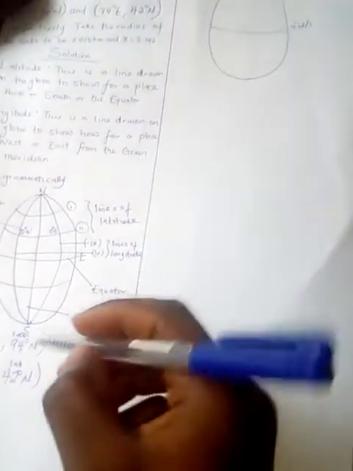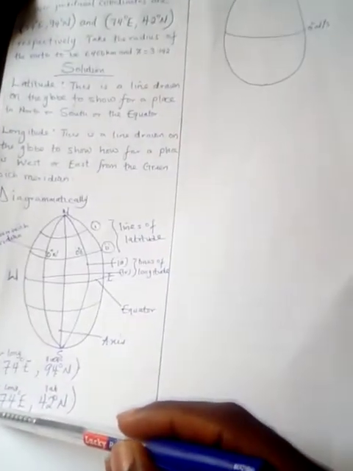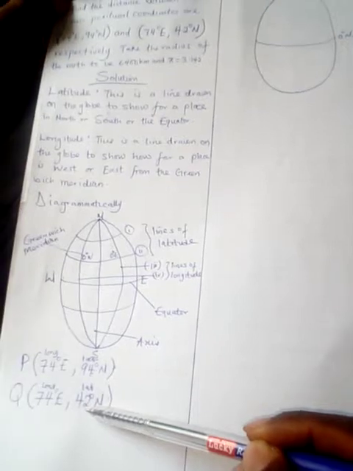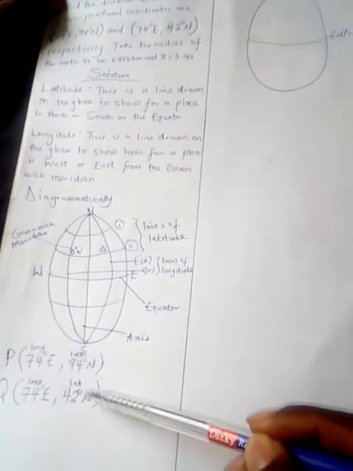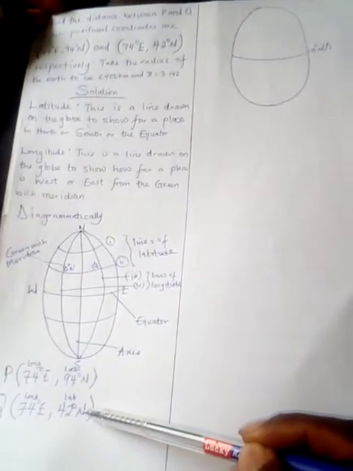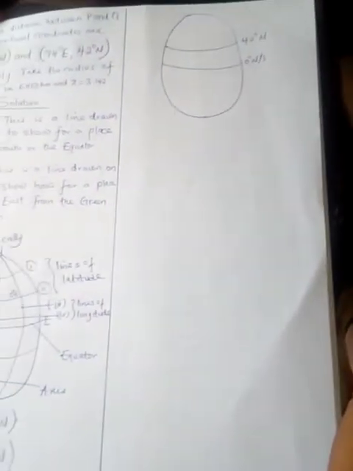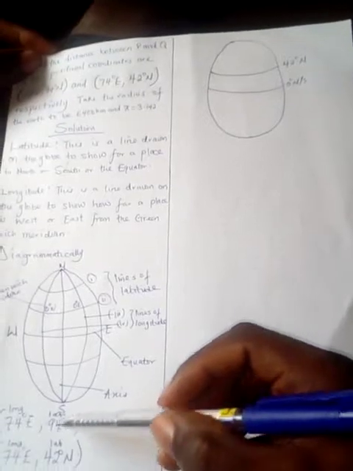For the point Q, the latitude is 42 degrees north, so I will need to draw the line of latitude for point Q first, before point P. So I will have the line of latitude 42 degrees north, then the next one is the line of latitude 94 degrees north for point P.